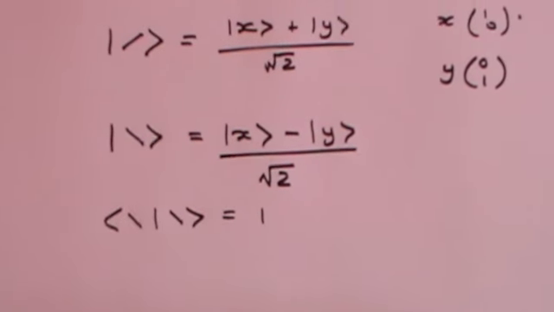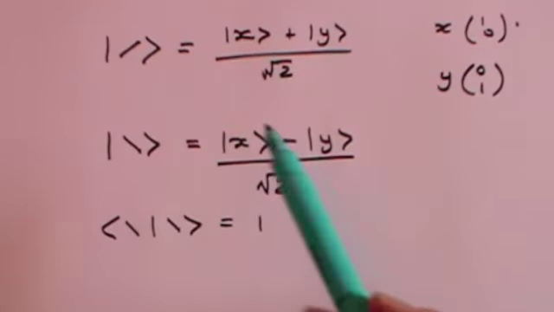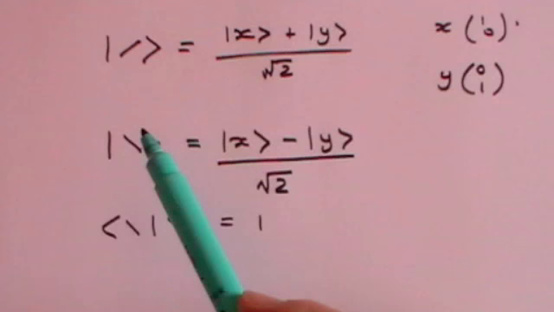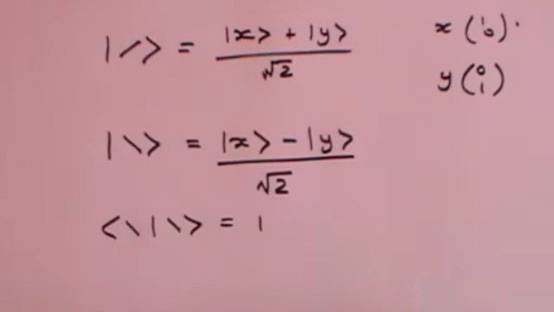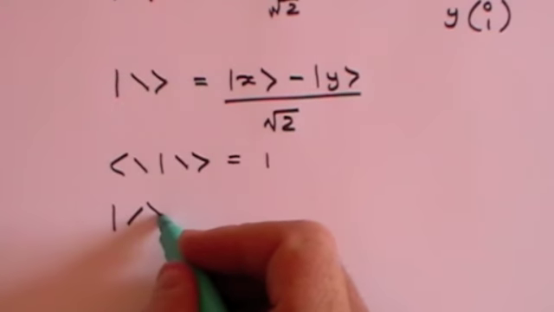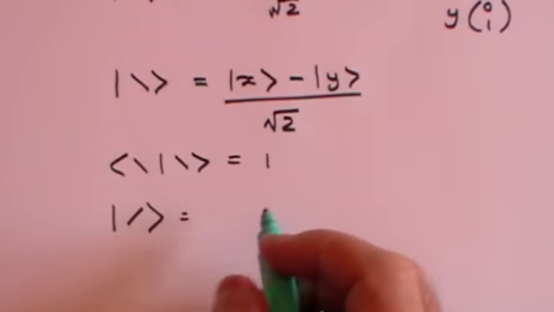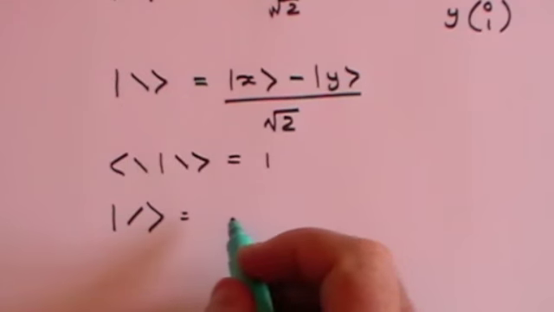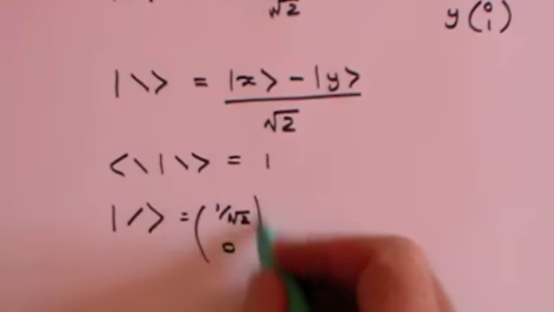So let's just calculate what the actual vectors are going to be in their column vector form. The forward slash is going to be x over root 2, which is 1 over root 2 and naught, and the y is going to be naught and 1 over root 2.